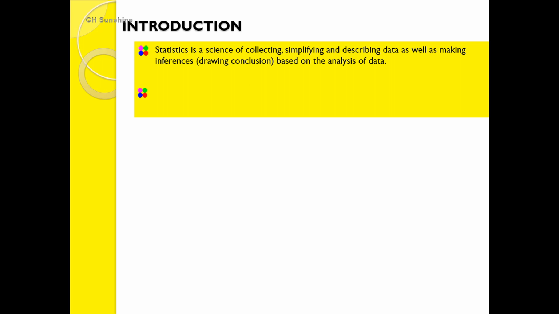So you must remember, first collect the data. Second, after collecting the data, simplify the data. Next step, describe the data. So after describing the data, at the end, for sure, we need to draw a conclusion.